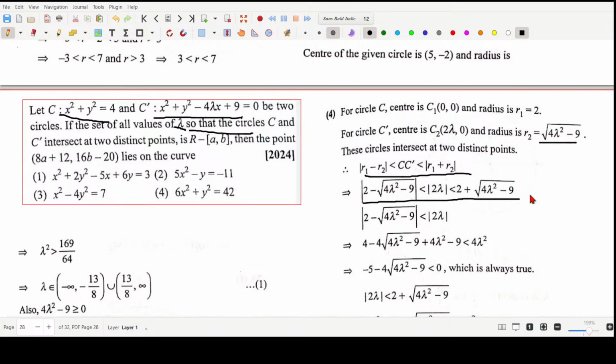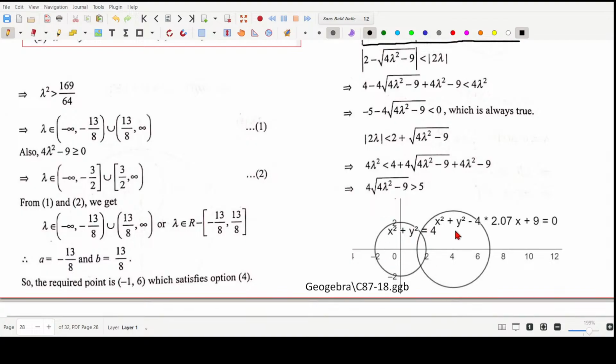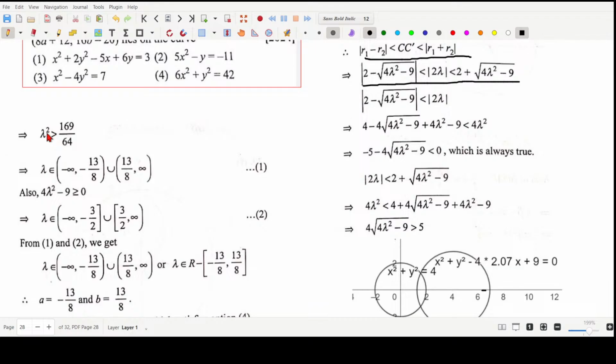As we keep changing this lambda, this circle will keep shifting. Either the center will change or the radius will change. Using these conditions, you should simplify and figure out what exactly are the values of this lambda. Sir, can you repeat? Okay, so this is the condition, right? This is the condition, right?